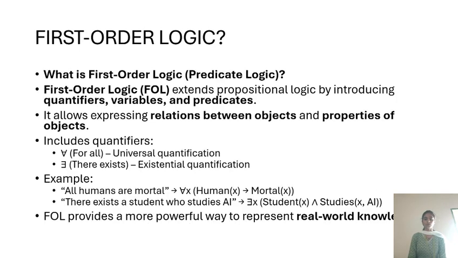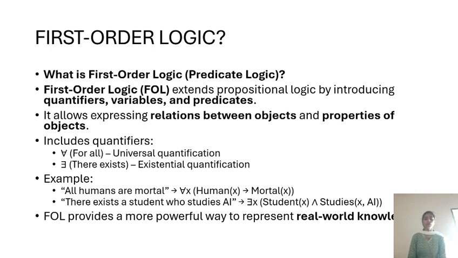First order logic. What is first order logic, or predicate logic? First order logic, FOL, extends propositional logic by introducing quantifiers, variables, and predicates. It allows expressing relations between objects and properties of objects. It includes quantifiers: for all, universal quantification; there exists, existential quantification.